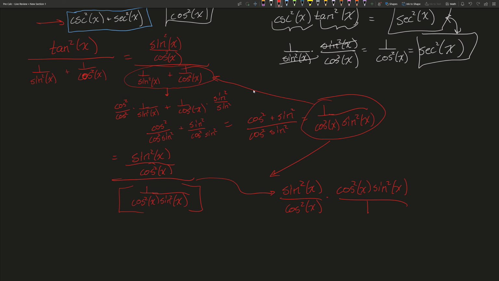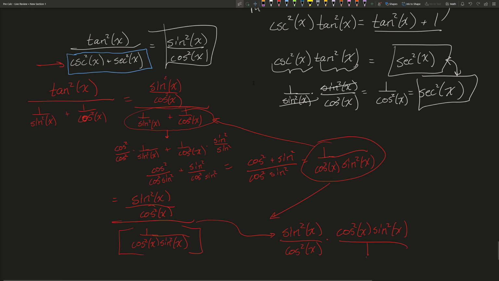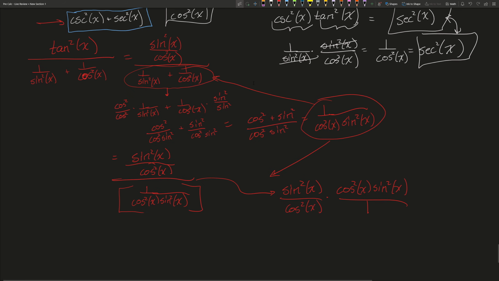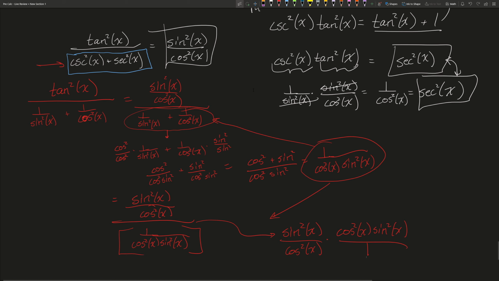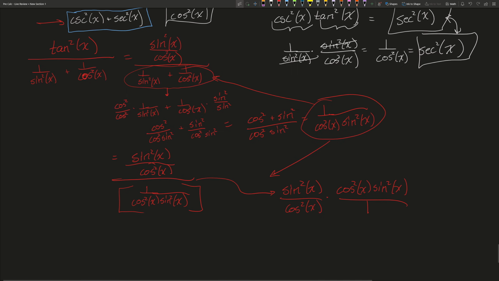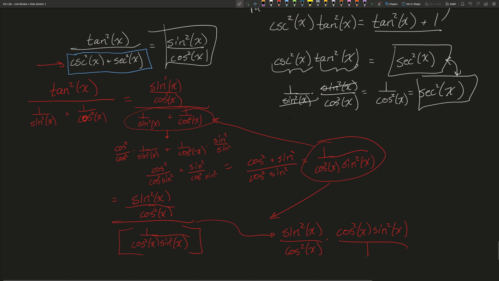So because there's a cosine and we're multiplying, wait, that's not right.